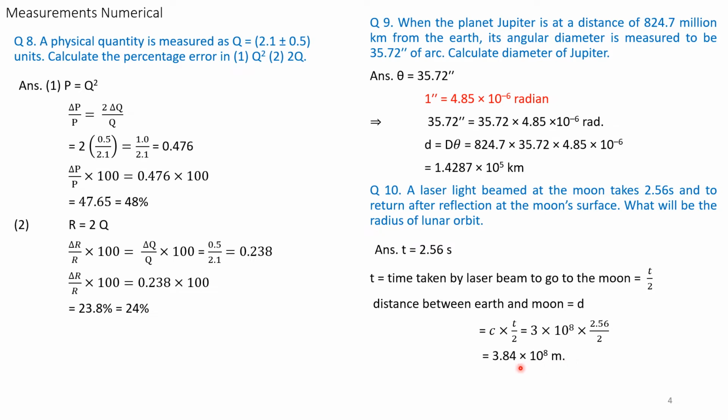That is equal to 3.84 into 10 to the power of 8 meters. So distance is given by velocity of light into time taken. Therefore, 3 into 10 to the power of 8 into 2.56 by 2 is equal to 3.84 into 10 to the power of 8 meters. That is the answer.